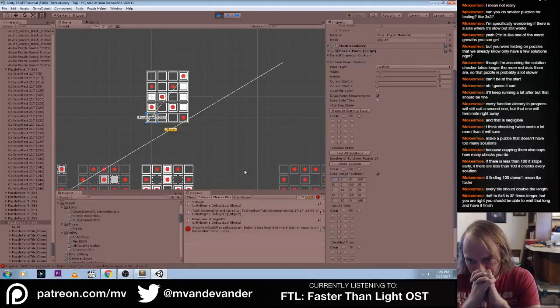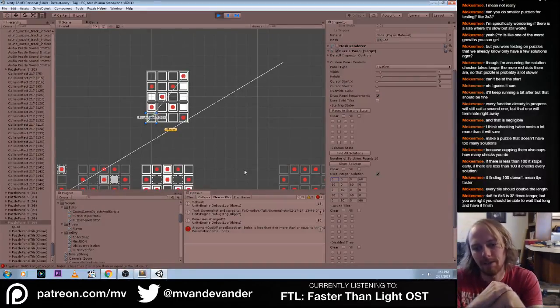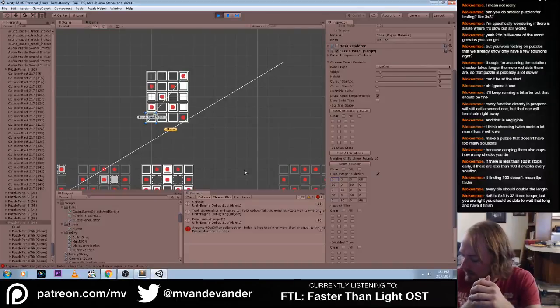So the easiest thing I could do would be to just keep track of the number of recursions, like the number of things that I check, and just say if this goes past this amount, then this is going to take too long.